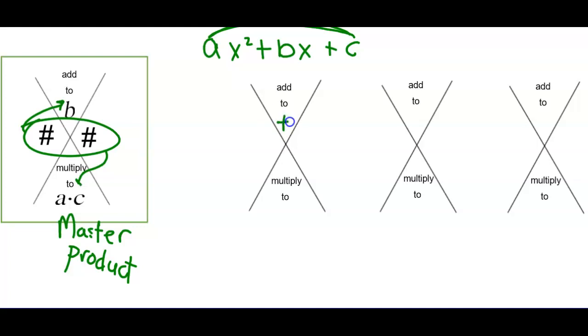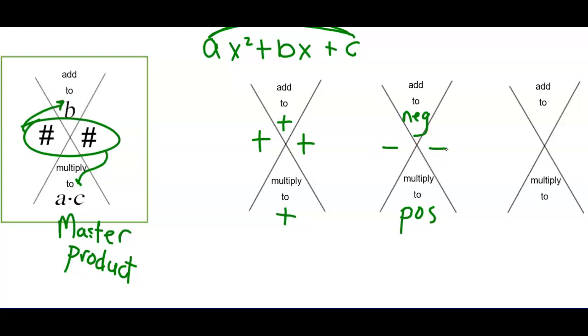If it's going to add to a positive and multiply to a positive, then these two numbers are going to be positive, okay? If it's going to add to a negative and multiply to a positive, then both of my numbers are going to be negative.